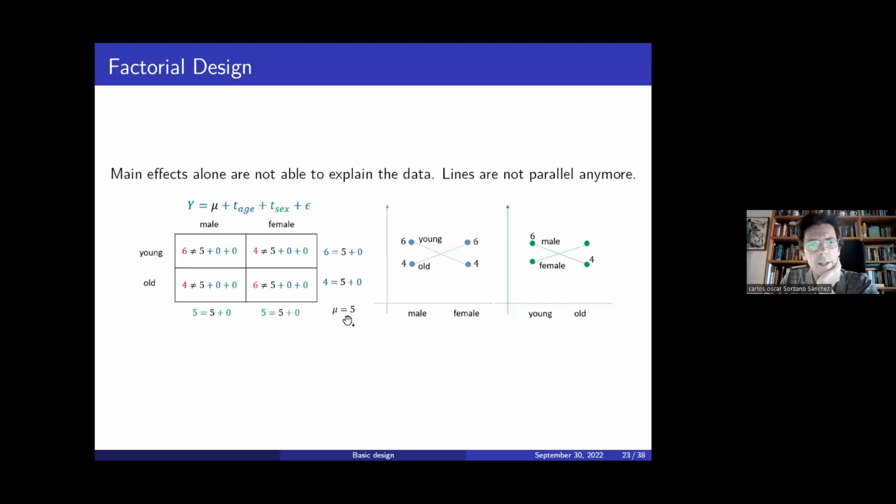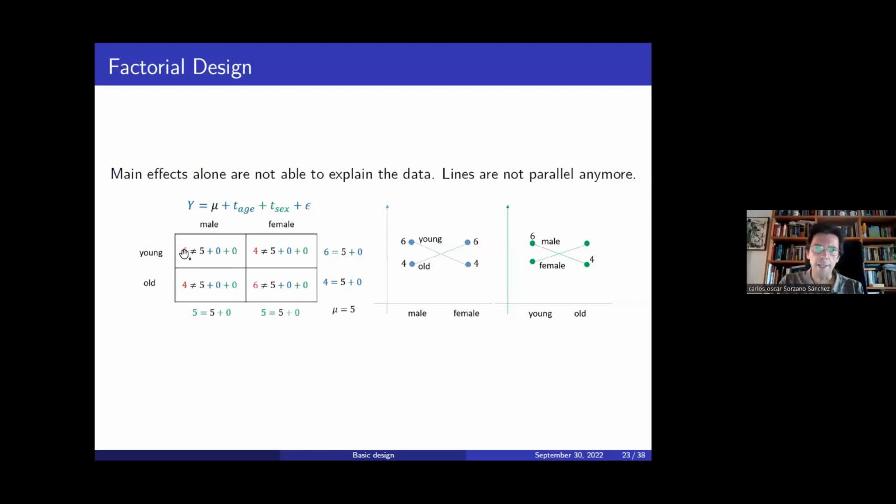So it seems that there are no differences with respect to the overall mean when I take only the main effects. But I cannot explain this 6, because my model says that what we observe is an overall mean of 5 plus something that depends on your age, but the difference of age is 0, plus something that depends on your sex, and the sex again doesn't contribute to this. So I'm puzzled now.